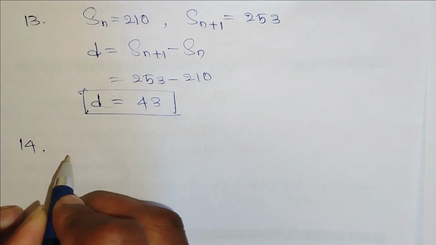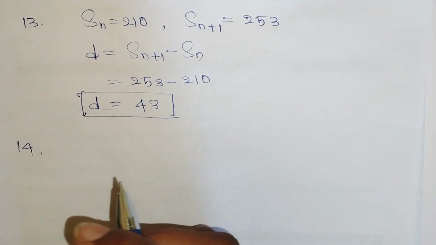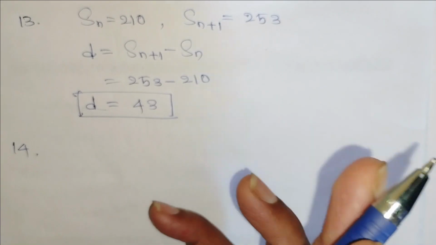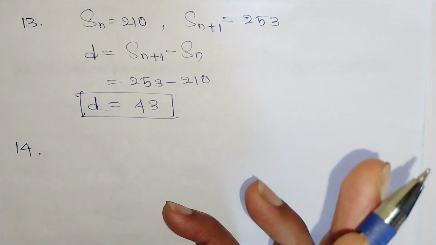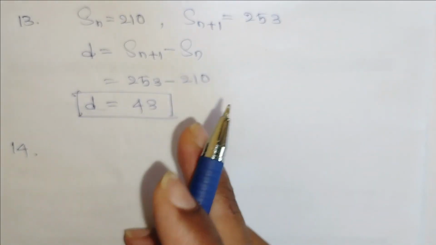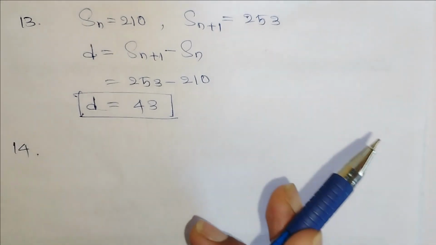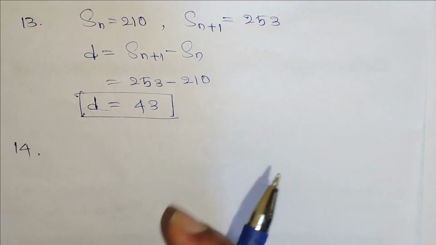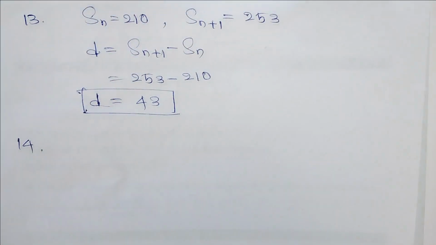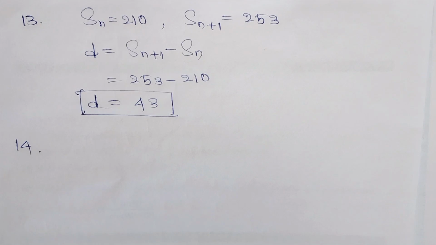That is, if in a triangle the square of one side is equal to the sum of the squares of the other two sides, then the angle opposite to that side is the right angle. Okay, it is the converse of Pythagoras theorem.